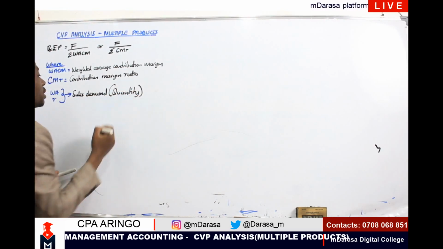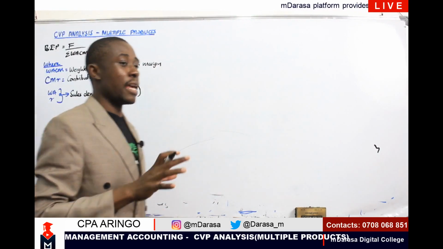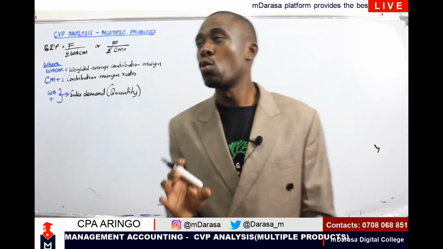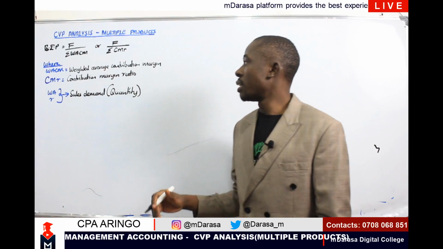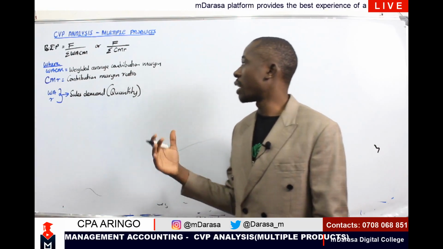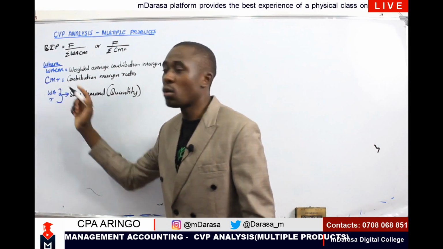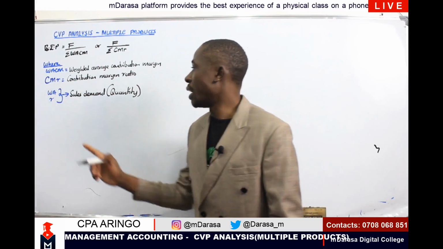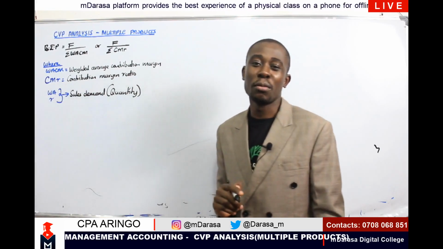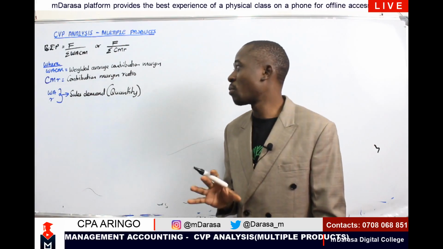We use the sales demand quantities as the factor to identify our weights and to come up with a ratio.